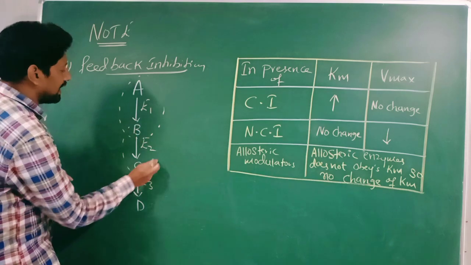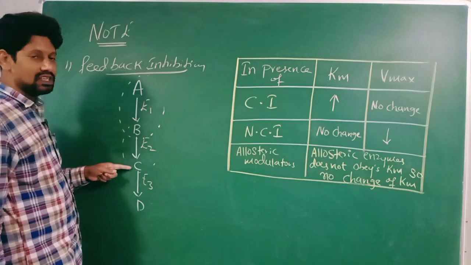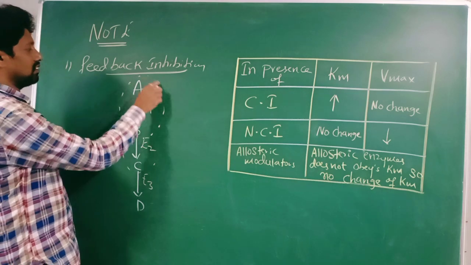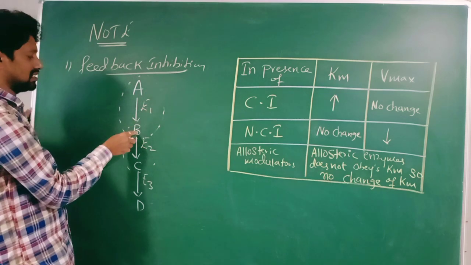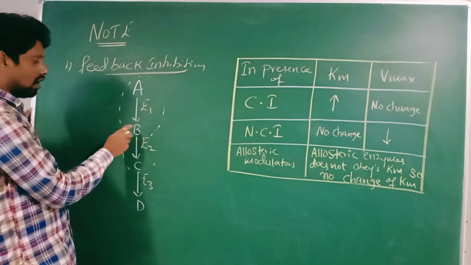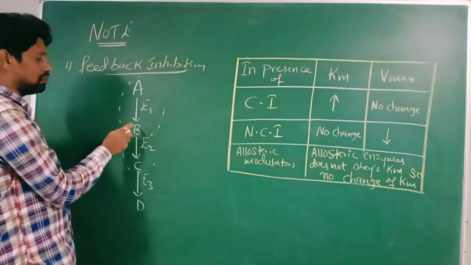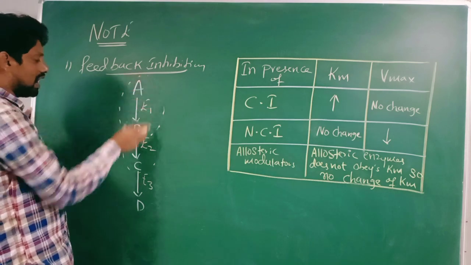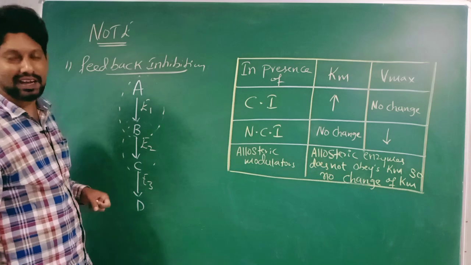In the next reaction, B is substrate, C is product. It means the product of one reaction is becoming the substrate for another reaction. These are called a series of chemical reactions.